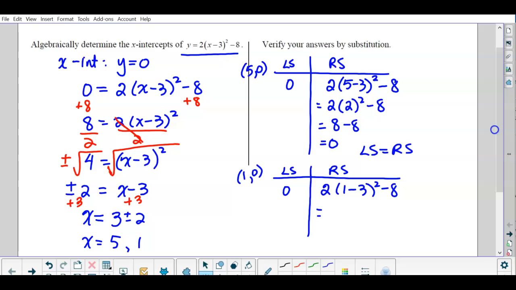Okay, that's how you verify. Algebraically verify. Obviously, you can verify always on your own using your calculator, mentally doing it, but if you're asked to verify in a test, then you're showing your work. Keeping the left side separate from the right side. Okay?